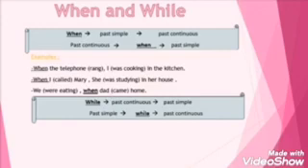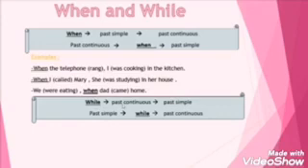Like when I say the shorter action that came to interrupt the action or happened at the middle of the action, the longer action, right? So what comes after when here? The past simple. Okay, now let's go to while, which is somehow the opposite of when, because what comes after while here?